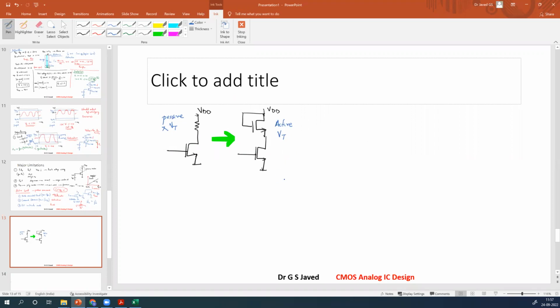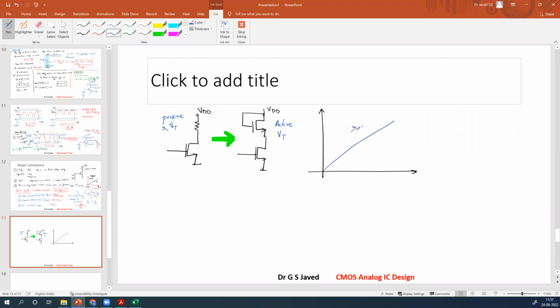Now, instead of this diode connected load, there is one condition that you will have to understand. Let me draw it visually. So visually, your equivalent for the resistor.